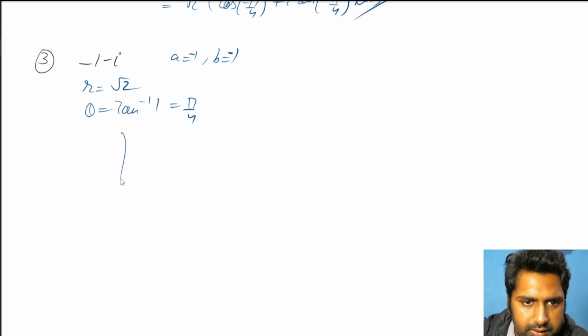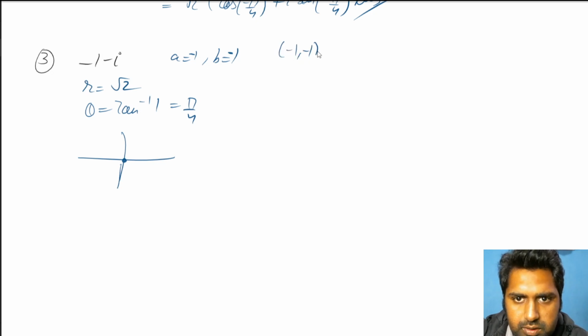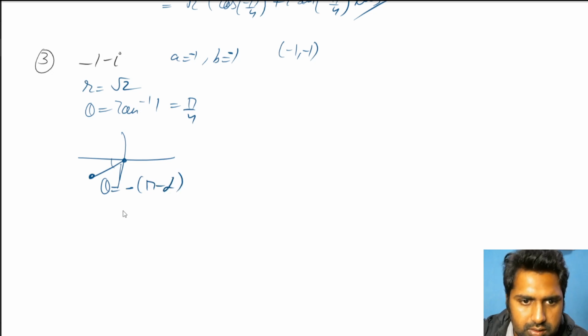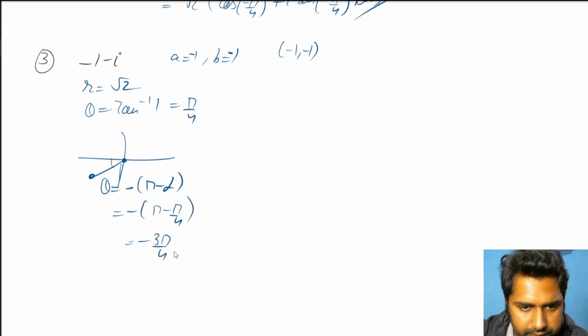And locating the quadrant, this is (minus 1, minus 1), which is in the third quadrant. Your theta is minus of (pi minus alpha). So minus of (pi minus pi by 4), that's minus 3 pi by 4.